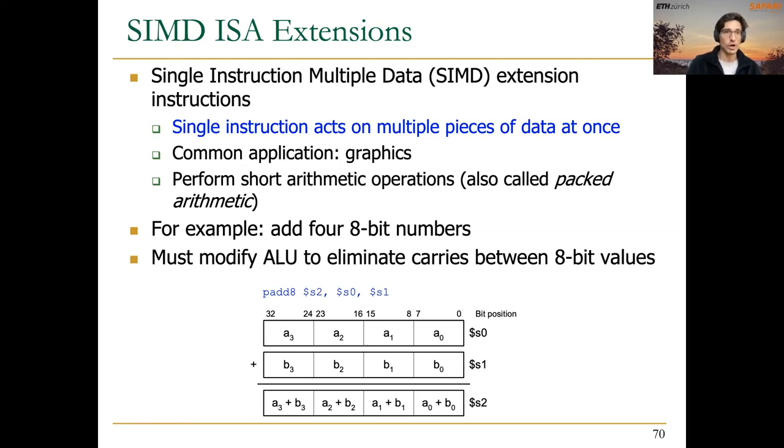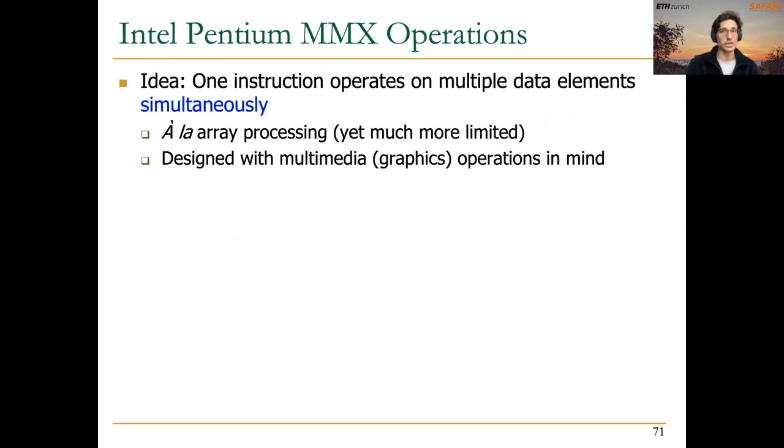For example, if you have a 32-bit adder and you don't connect the carry from the 8 less significant bits to the next significant bits, you will have 4 additions at once in the same amount of time that you had one addition for 32-bit elements. And that's the key idea in the Pentium MMX operations.